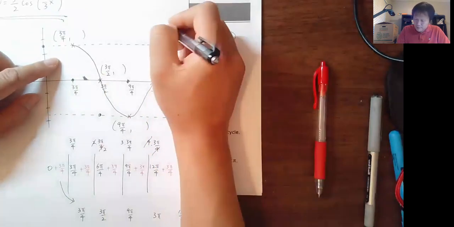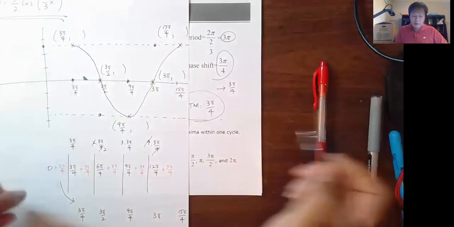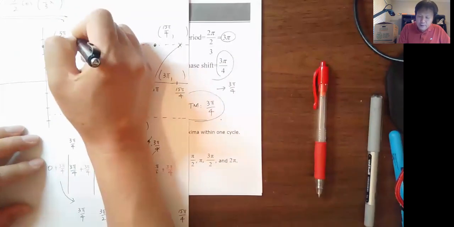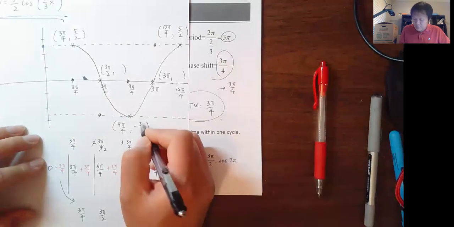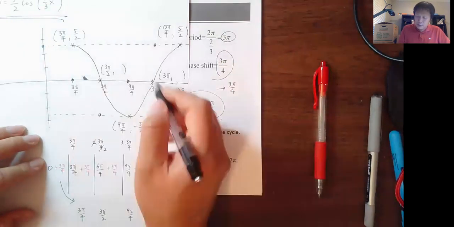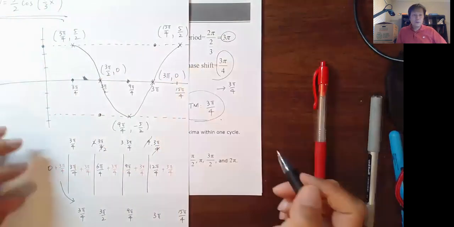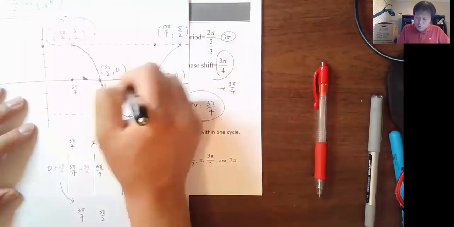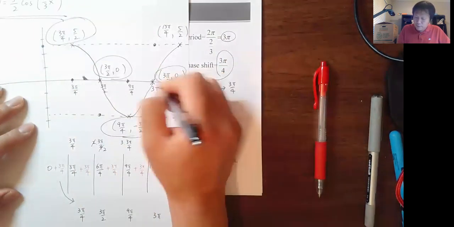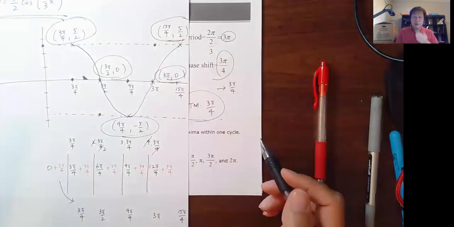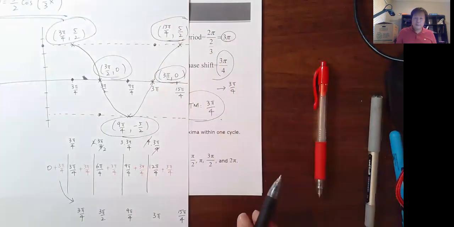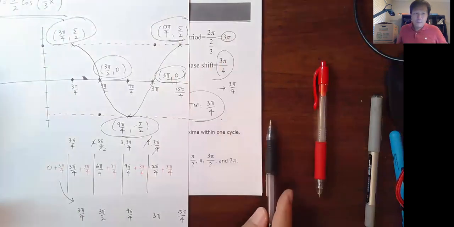And this is 15 pi over 4. Maximum was 5 half here, 5 half here. Minimum was minus 5 half here. Middle was 0, 0. So 1, 2, 3, 4, 5 points. You will need these points to graph. Okay, please keep watching the second part of the video.